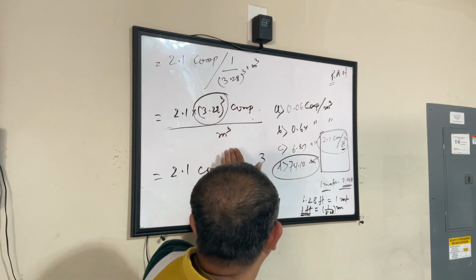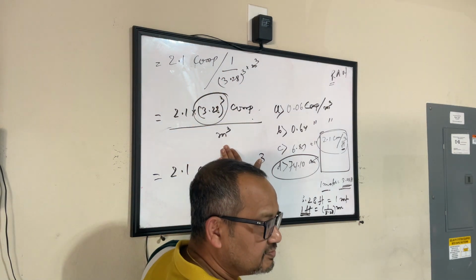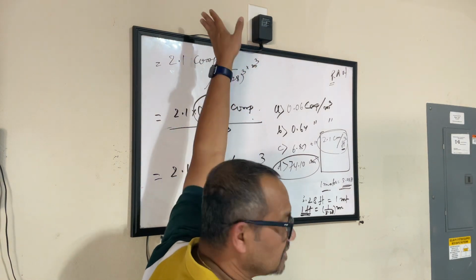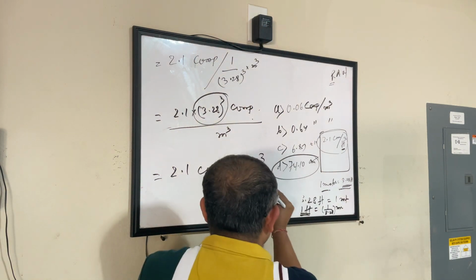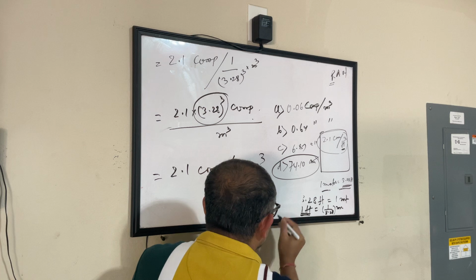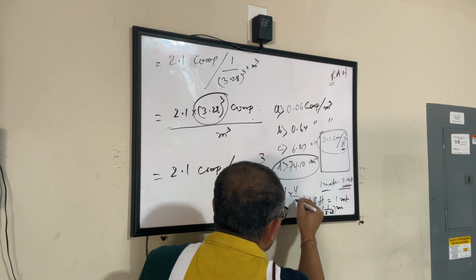I kept meter in the denominator, so whatever comes here, this many computers per meter cube. I took the numbers upstairs, right? When you have 1 by 4, this becomes 1 into 4 goes up, 1 comes down.